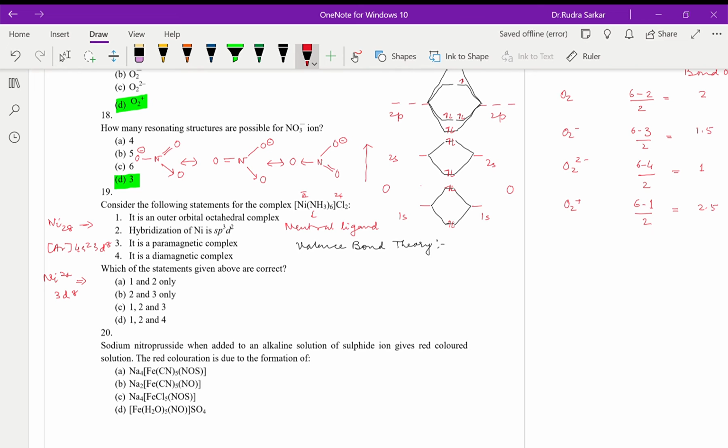That means if you write the orbitals, keeping the energy levels in mind, so this is the 3d orbital.